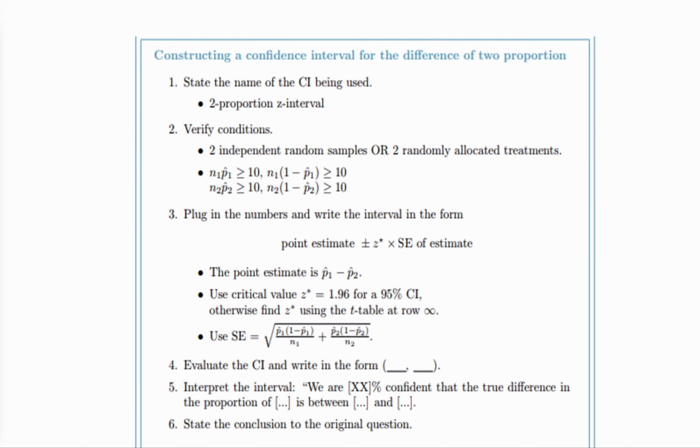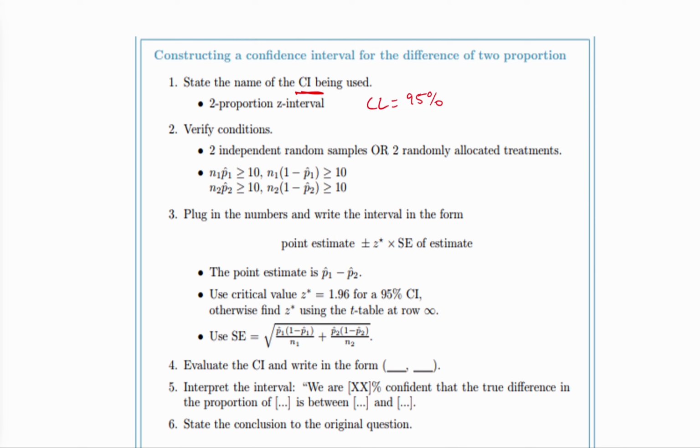So, confidence interval for the difference of two proportions. Name the confidence interval and you should also state the confidence level. We'll do a 95% confidence interval. This is a two proportion Z interval for P Duke minus P US. Verify the conditions: random, 10%, np and n(1 minus p) for both samples. We're going to use our point estimate plus or minus our margin of error.